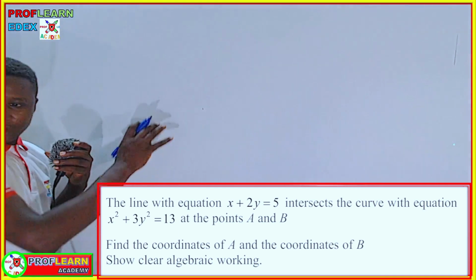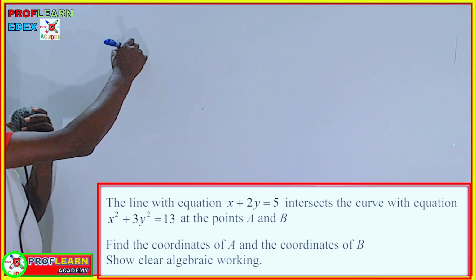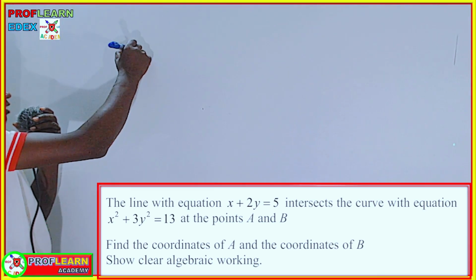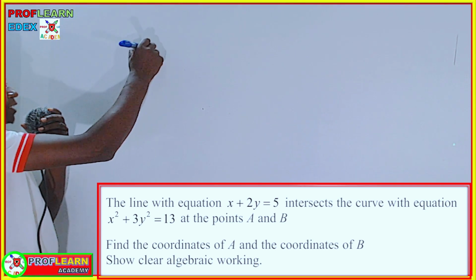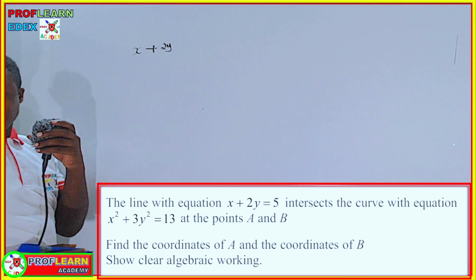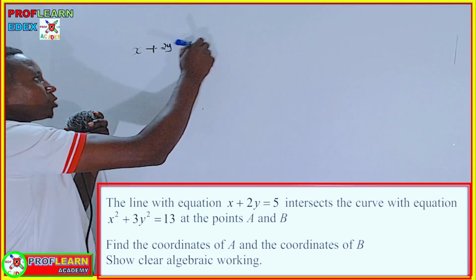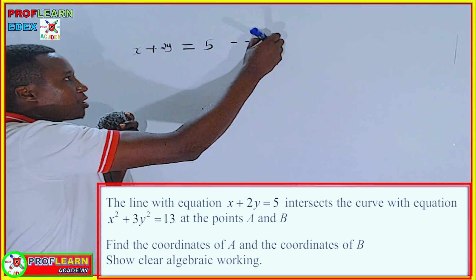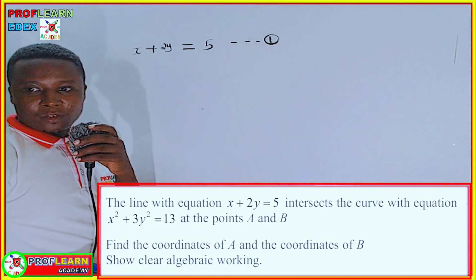One of the equations that we are given at this point is x plus 2y equals 5. We're going to call it equation number 1.